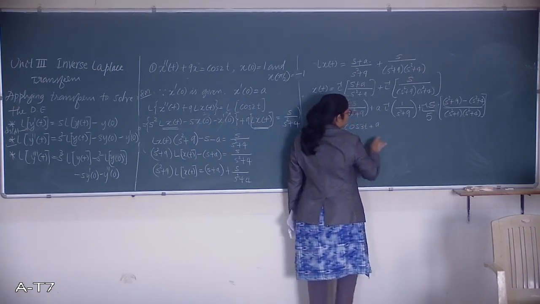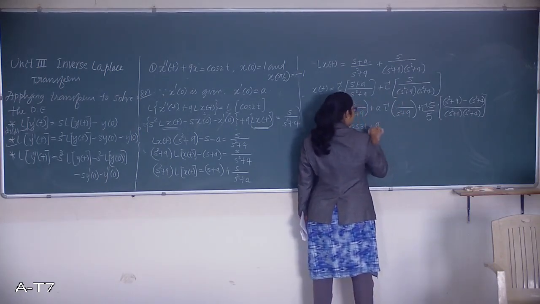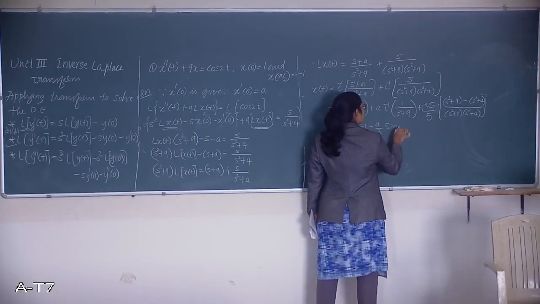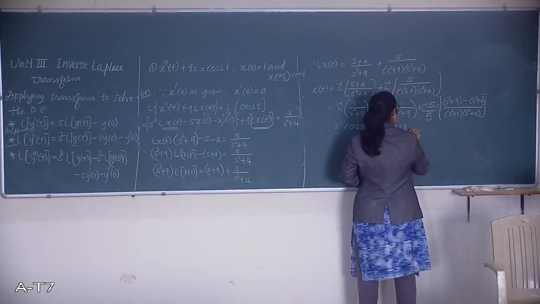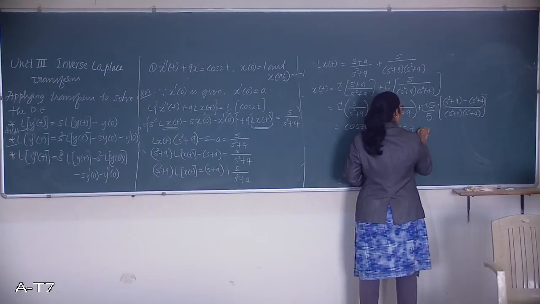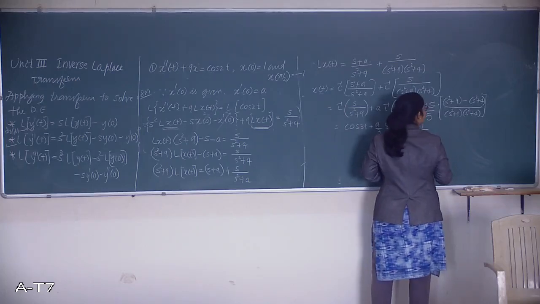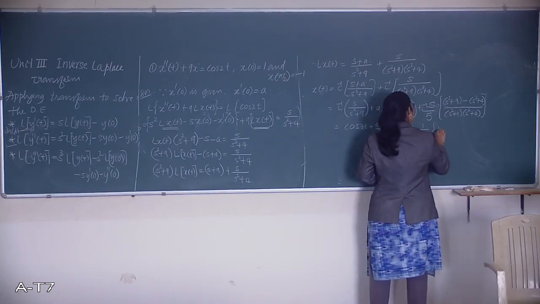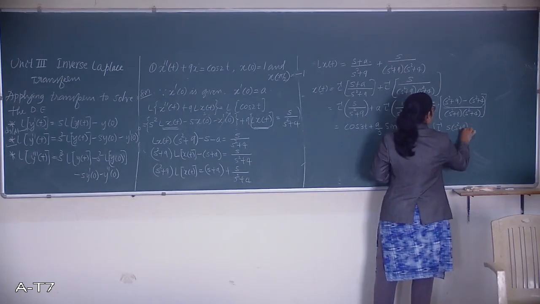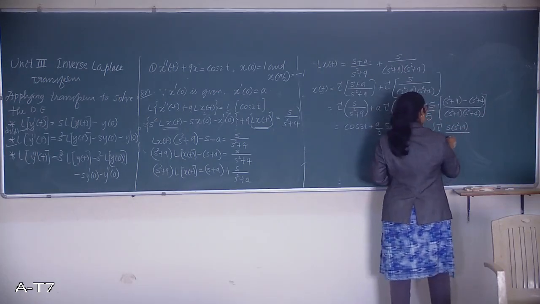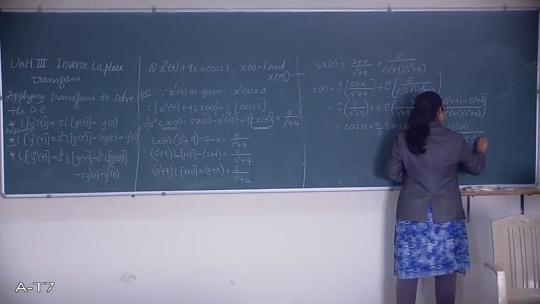A, 1 divided by s square plus a square, so a is 3 here, so sin 3t, and now this is 1 divided by 5 I will write, and then next L inverse of s divided by s square plus 9 into s square plus 4.